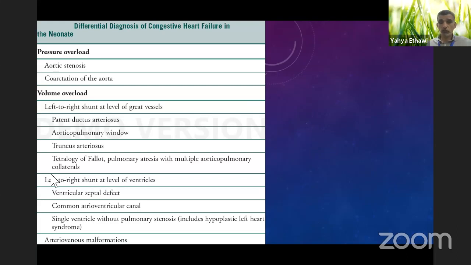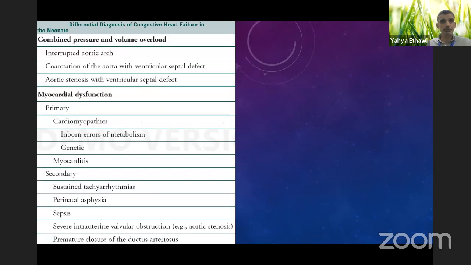You can have a left to right shunt also from a VSD or atrioventricular canal, or you can have a single ventricle, or an arteriovenous malformation, whether in the lung or the brain. All can cause volume overload and heart failure.